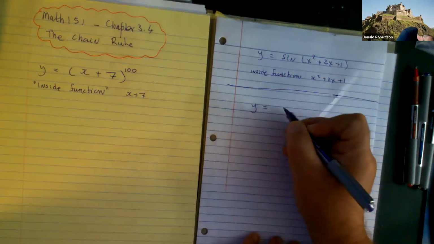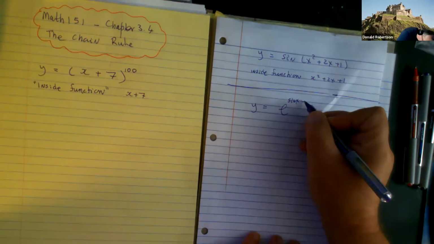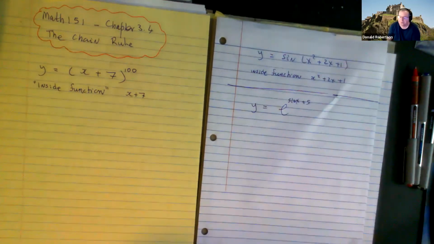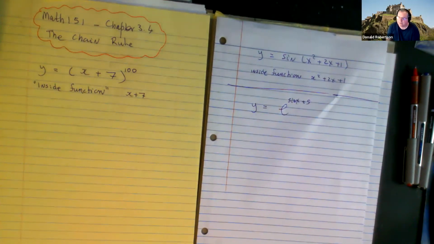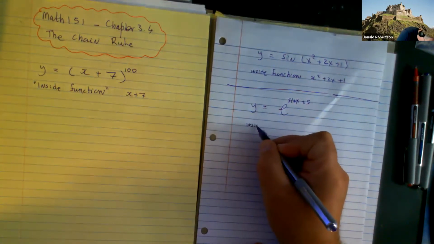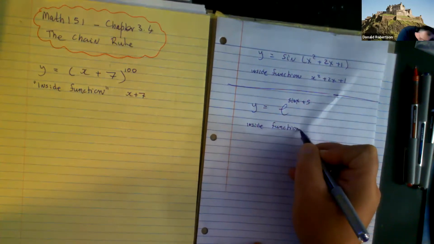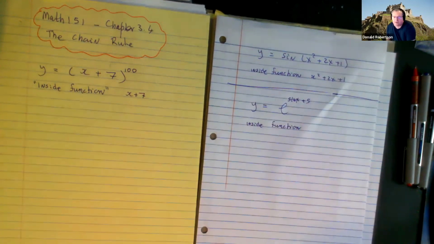Suppose I was going to do e to the sine x plus 5, right? We don't know how to do that right now, but we will with the chain rule. Anybody want to have a shot at what you think the inside function is going to be when you do that one? Just e.